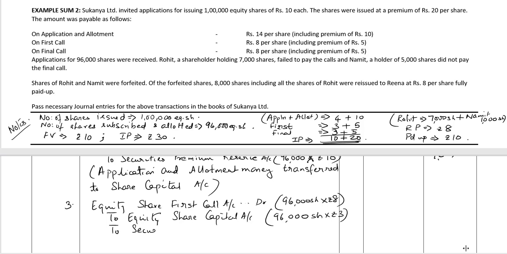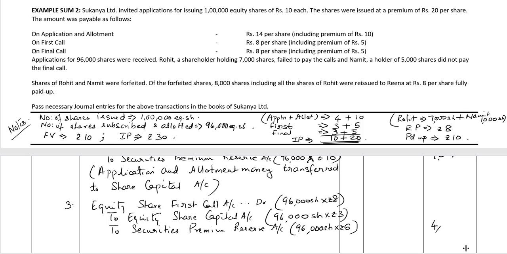And to securities premium reserve account. The amount of first call money towards the premium is 96,000 shares multiplied by rupees 5 per share.